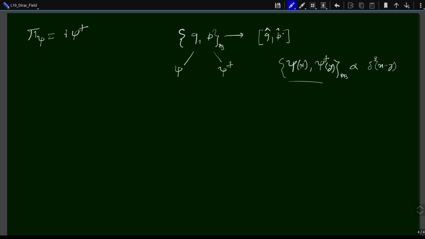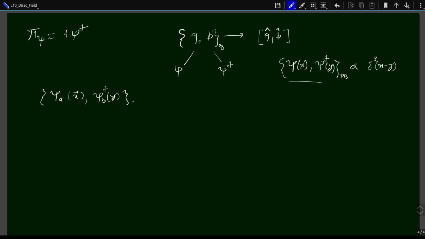The correct anticommutator, written in terms of the components of the psi field, would be psi A at x and psi B at y dagger.